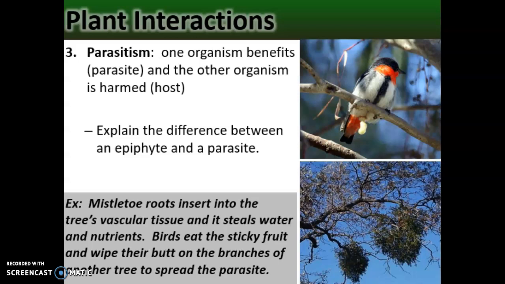However, when it comes time to poop, the mistletoe fruit makes the bird's poop extremely sticky, so now the poop is stuck to the bird's butt, and the only way the bird can get the poop off is to wipe its butt onto the branch, therefore gluing the mistletoe seed high up on the branches. When that seed germinates, like I said, the roots will grow directly into the vascular tissue of that larger tree, and that mistletoe becomes a parasite, stealing from its host tree.